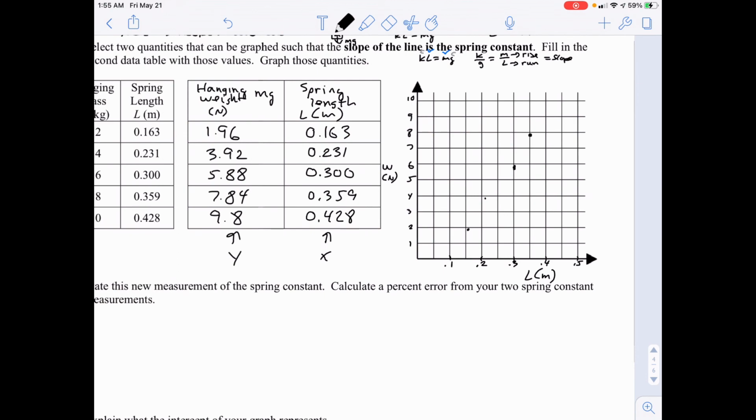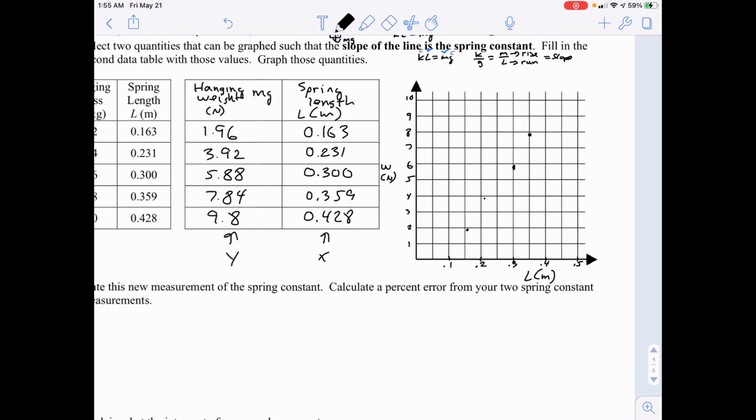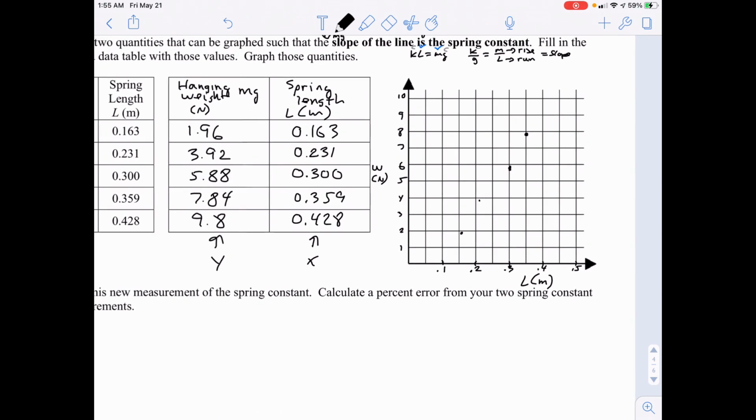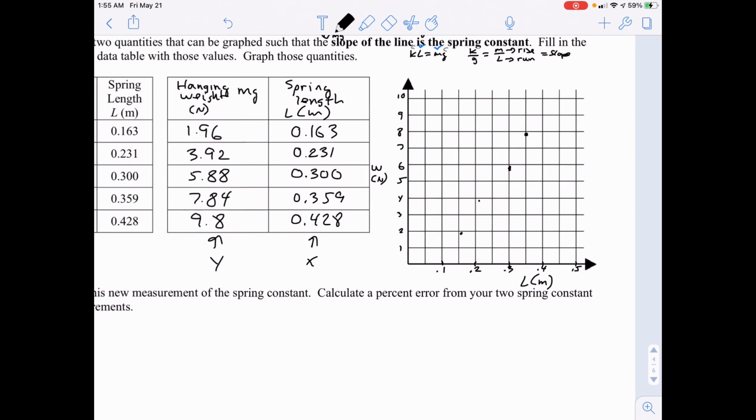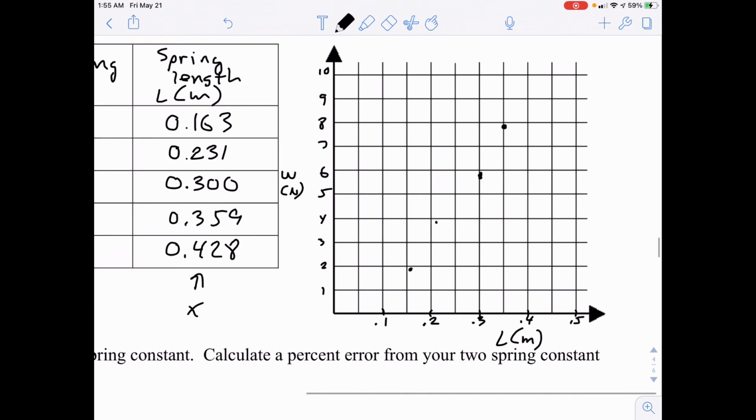Then we're going to go over basically about 0.425. So 0.425 would be here, and then we're going to go up almost 10. So this is 0.45. This is 0.425. So we're going to go about 0.425 and up almost 10.